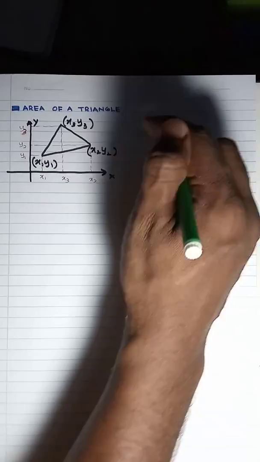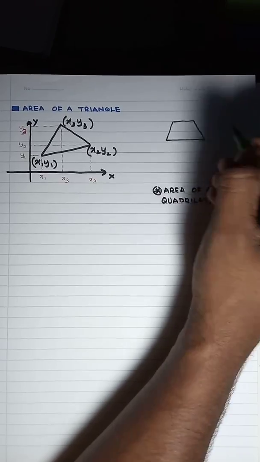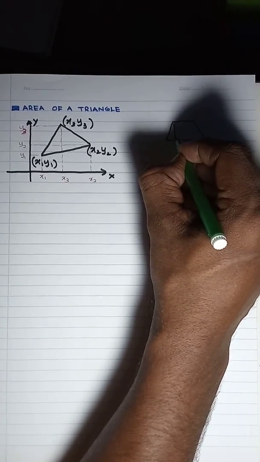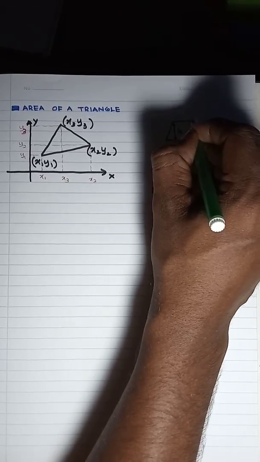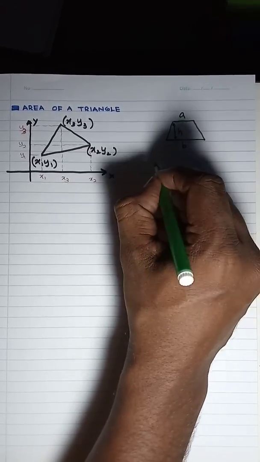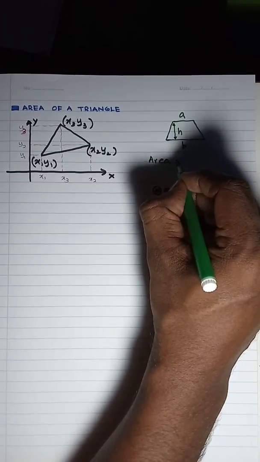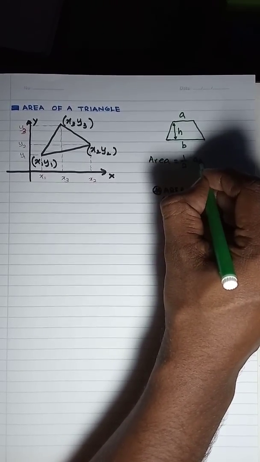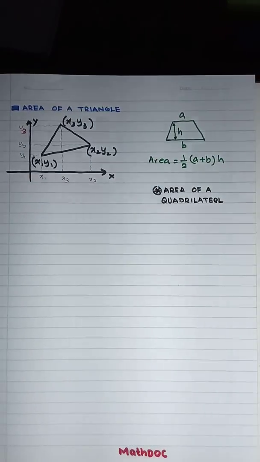Now you need to remember, when you consider a trapezium, let this length be h and the 2 parallel lines have lengths A and B. Then the area equals half into (A plus B) into H.